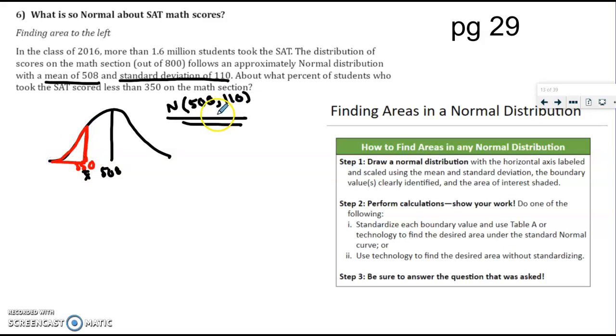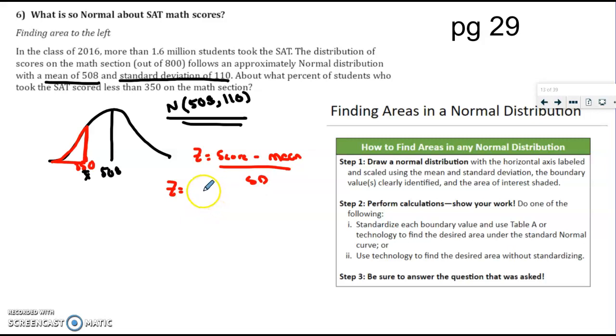Earlier we talked about using the empirical rule to help identify that, but we can also use our z-score to help find that. So that's what we're going to do next, perform our calculations. I do know that z equals your score minus the mean over the standard deviation.